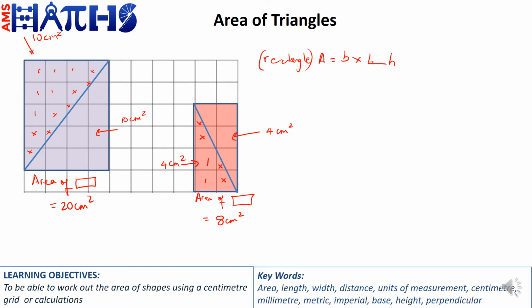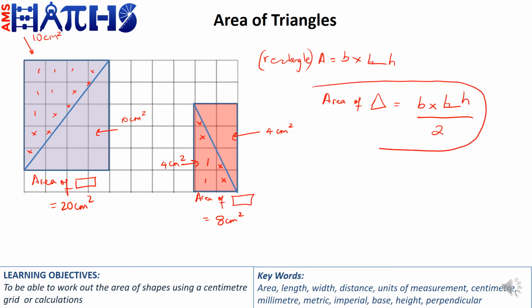And so, if we want to find the area of a triangle, we find the base of the triangle multiplied by the perpendicular height of the triangle, and then we divide that by 2. So make a note of how to find the area of a triangle in your math books.